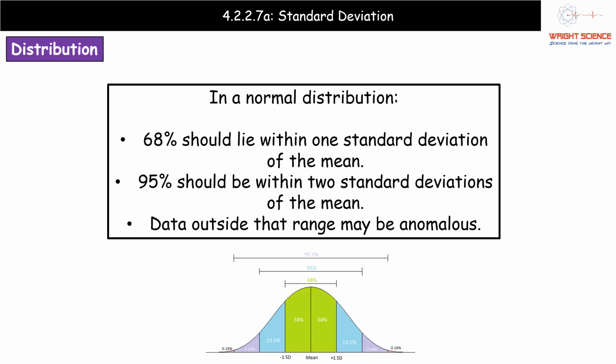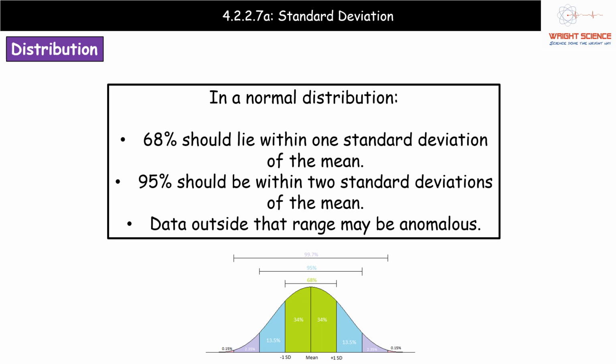So what does this actually tell us? Well, in a normal distribution, 68% of our values should lie within one standard deviation of the mean. If we look at the little graph at the bottom, that's the green bars in the center there. We've got 34% below, 34% above, but 68% in total lie within one standard deviation of the mean.